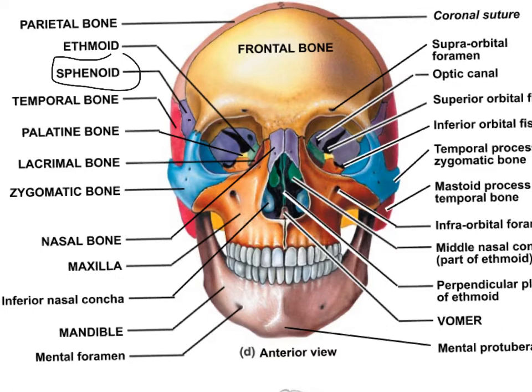It's not this nasal bone here, but you can see it going across at the back of the eye socket and then over to the other side. So when you're looking in the back of the eye sockets, one of the things you can see is a little hole in there that's called the optic canal. So that's one of the structures you have to know. It's a hole right inside that sphenoid bone.